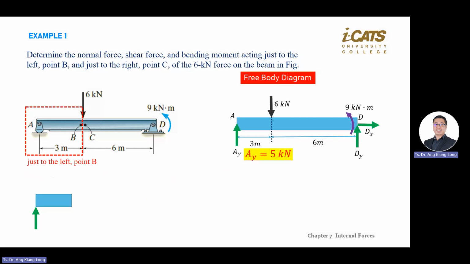So you draw the AB box and label A and B. Copy the external forces from the diagram. You look at the left and right. You copy from just a little bit to the left of the 6 kilonewton, which means there's no 6 kilonewton at B yet. So you only see 5 kilonewton at A. Then copy the dimension.